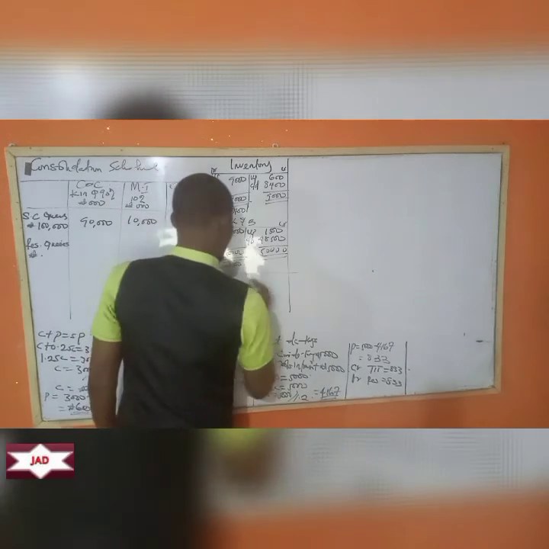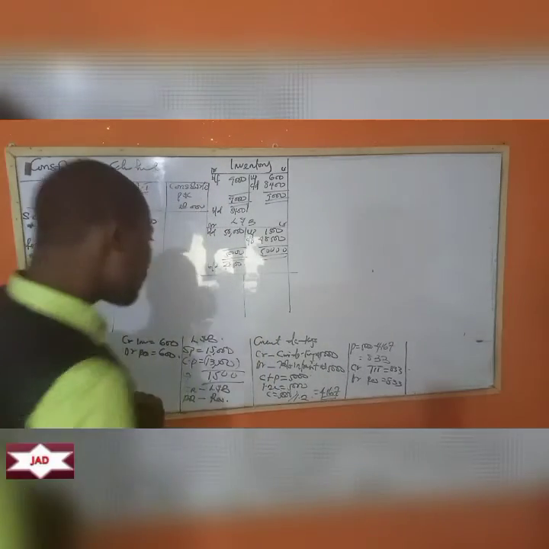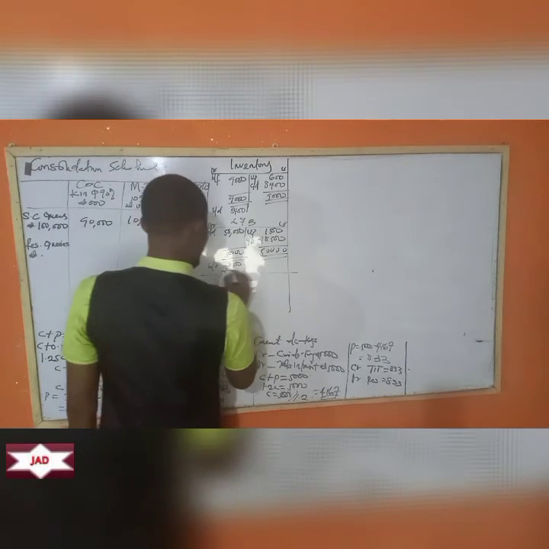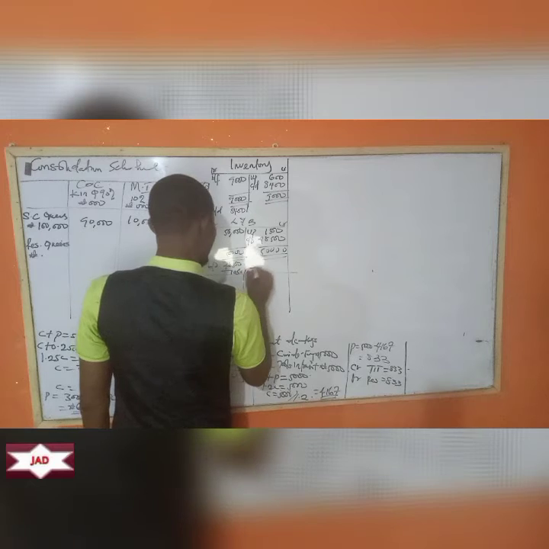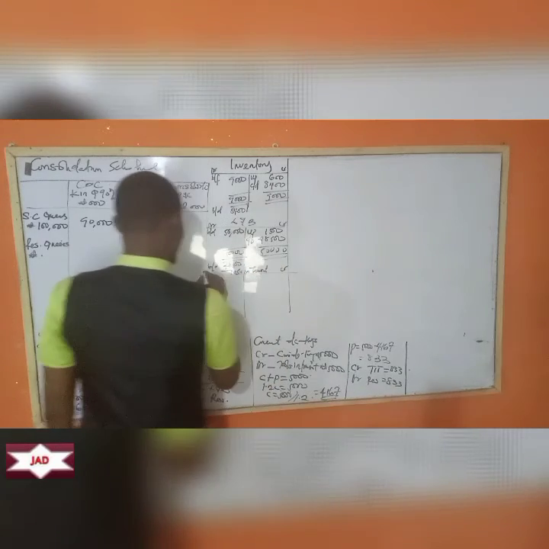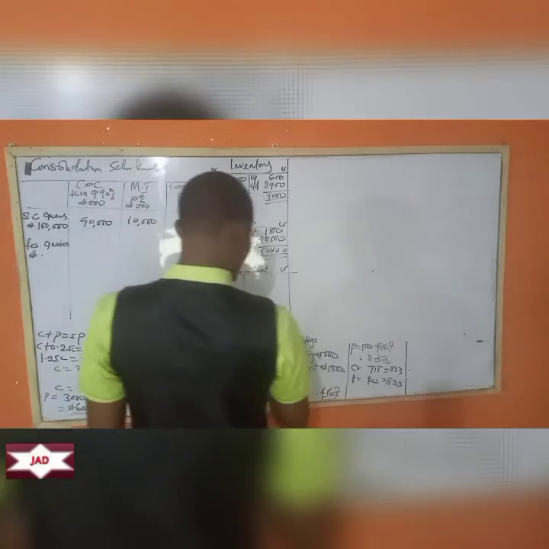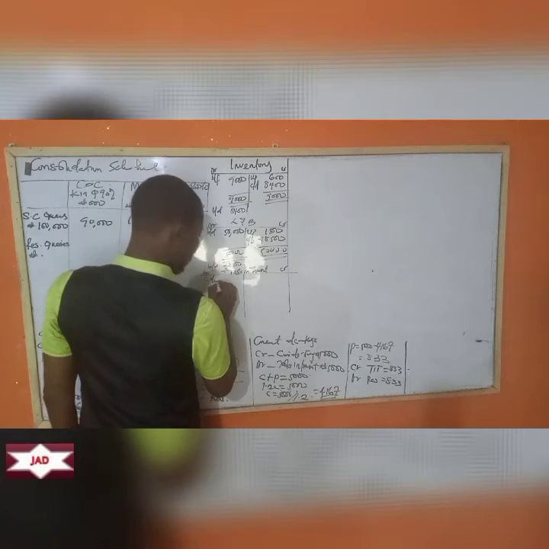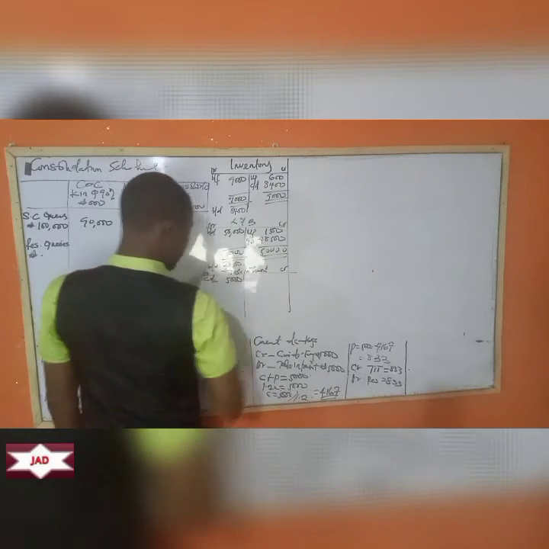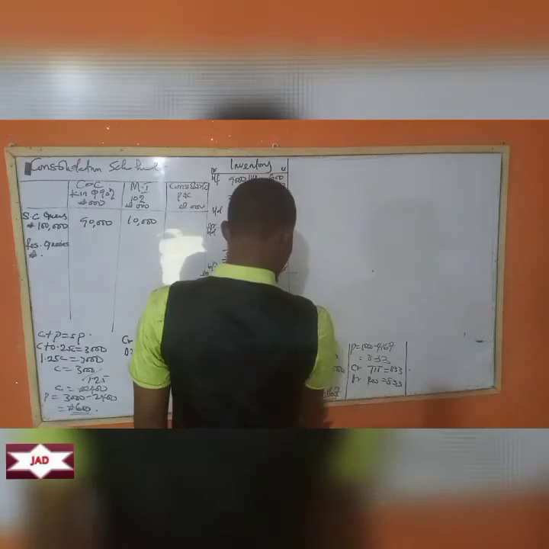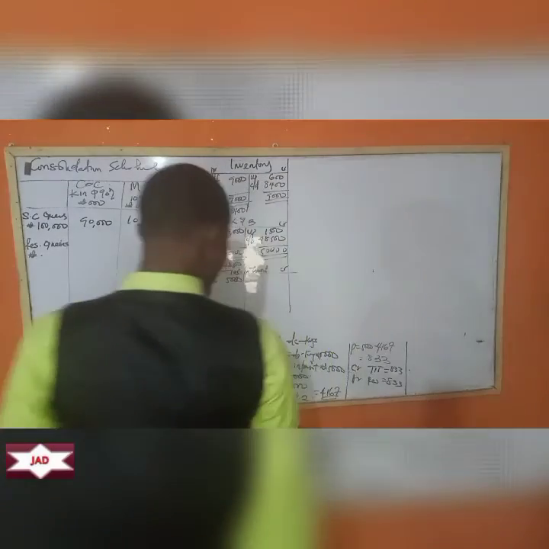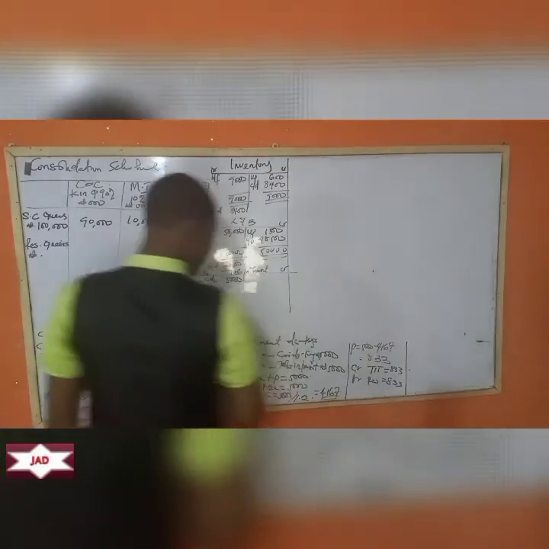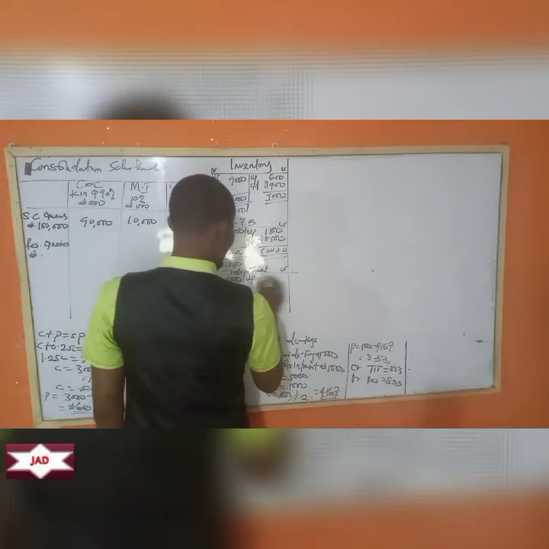What's the next one we have? We have tools in transit. Current accounts, 5,000. Then we have the unrealized profit element there, which is 833.